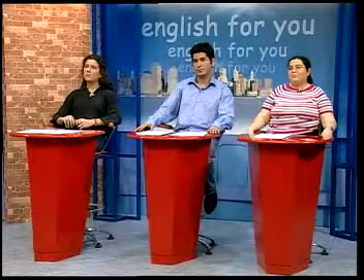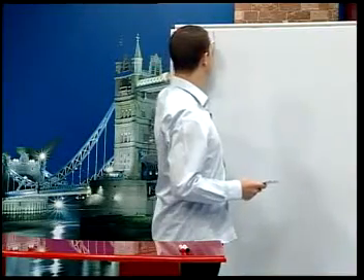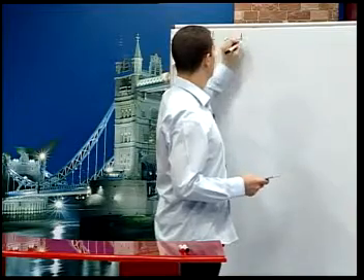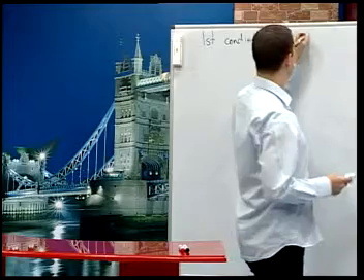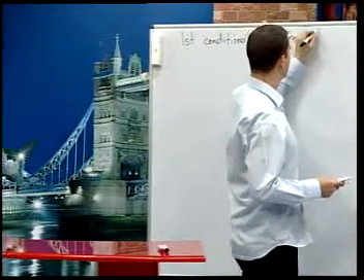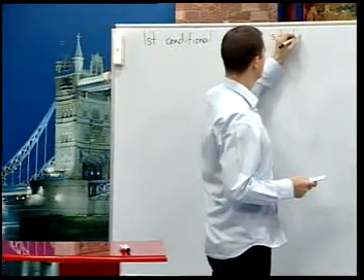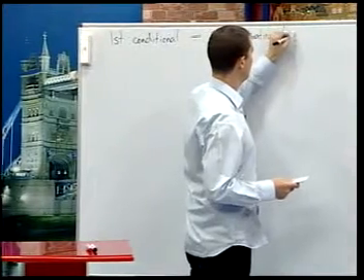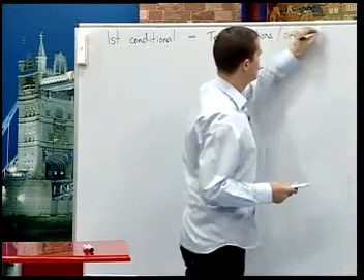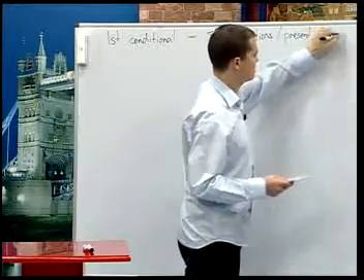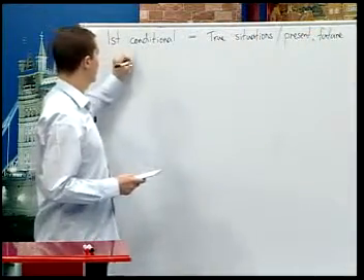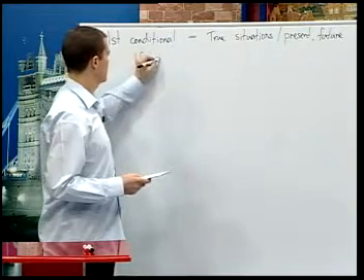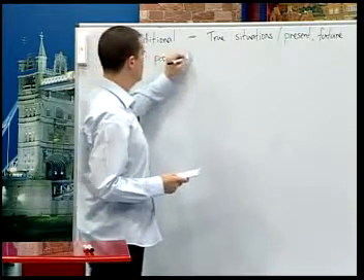The first conditional is used for situations that are true in the present or the future. True situations, present or future. In the if clause, we have present simple. So we have if plus present simple.